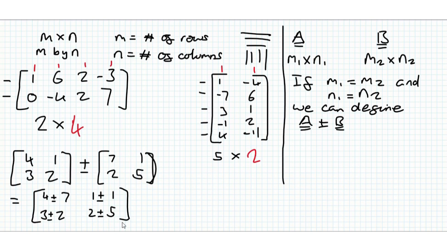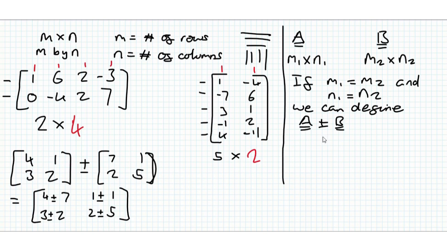Each corresponding element we just add, and you can see why the matrices have to be of equal size, because if one has more rows or more columns than the other, it's impossible to choose which element should be added to which other elements in a way that everyone would pick, so we can't define that operation.